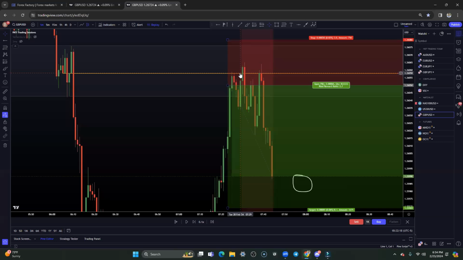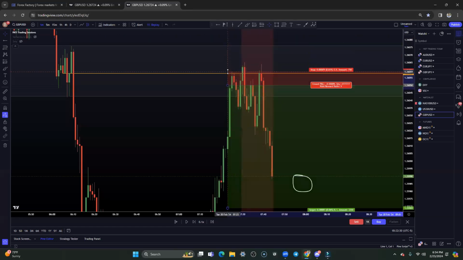Don't get me wrong, you can have a 1 pip stop loss, but the precision behind that is super rare. That just may not happen. So I'd rather be safe. And since I'm already doing fixed lot sizes, a 1 pip hit is damn near break even for me. So I'd rather be safe and let price play around.